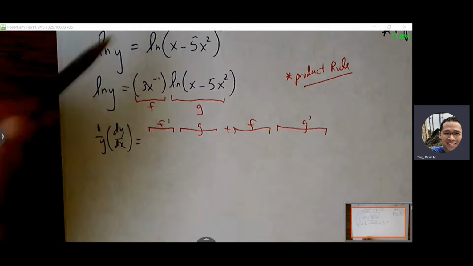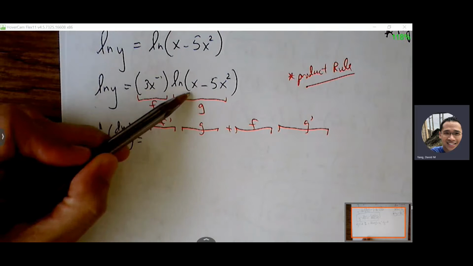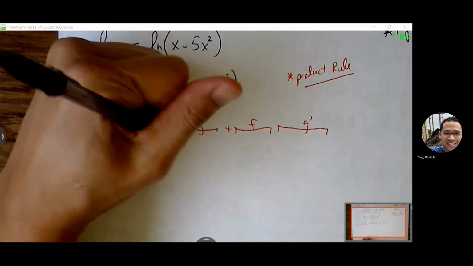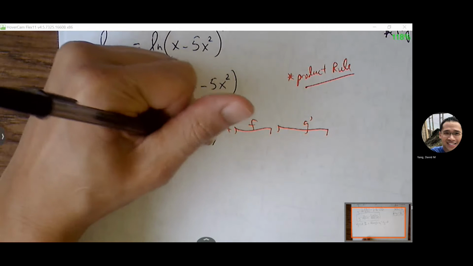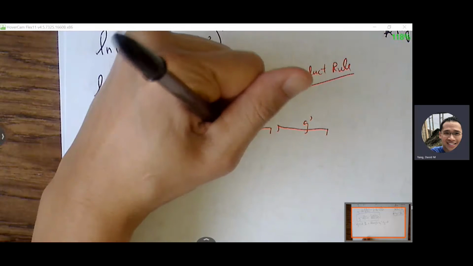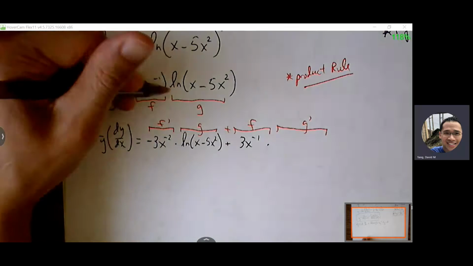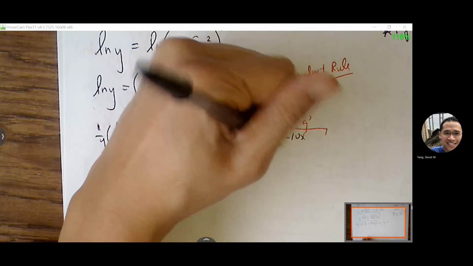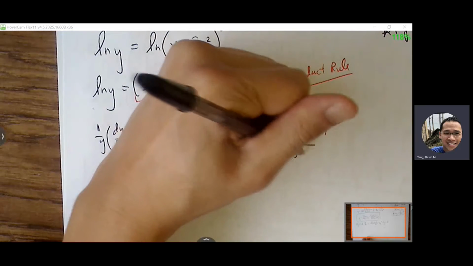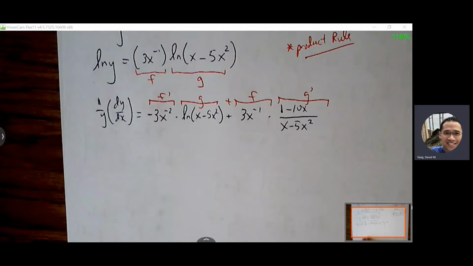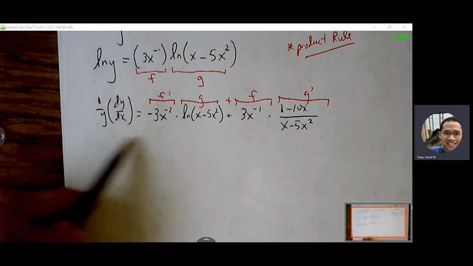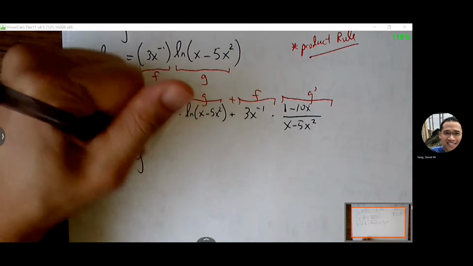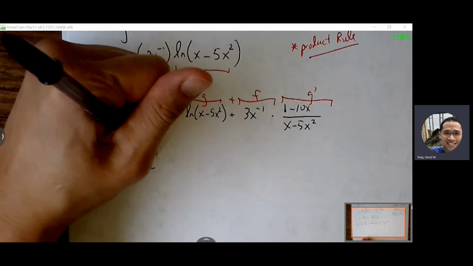Now we go through power rule and u prime over u for natural log. g prime, u prime over u. Okay. Multiply the y over to the right side. Do a little bit of cleanup.